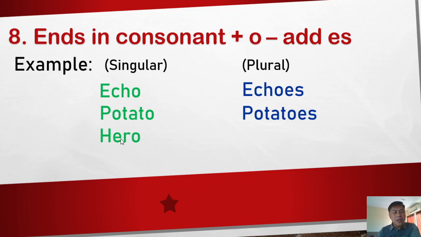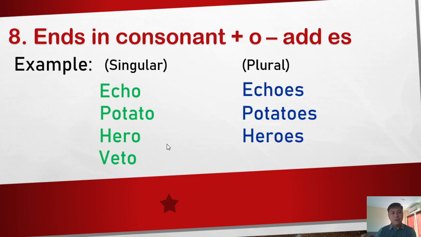Hero. Again, the word ends with R and O. R is also a consonant and O, so it ends with consonant and O. So the word now becomes heroes. One hero, two heroes.